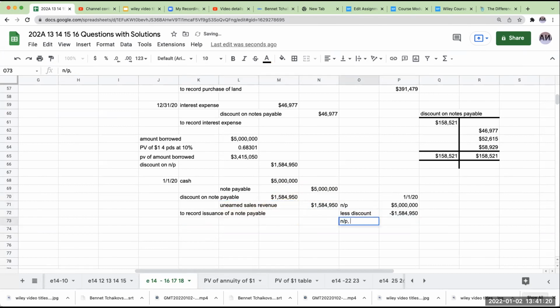So my note payable carrying value is going to be 3,415,050. My interest rate is at 10%. And this is actually going to be 12/31/20.